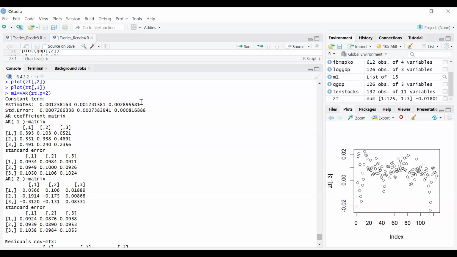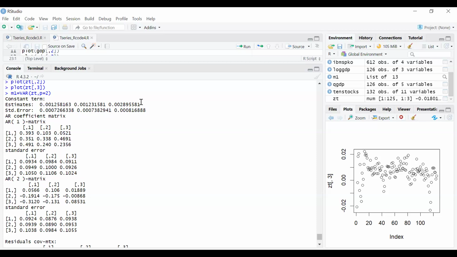Okay. Then we have seen one phi matrix. If you can remember, there was one phi 1,1, phi 1,2, phi 2,1, phi 2,2 matrix. That matrix is given here, this AR1 matrix. Now, since there are 3 variables, you will definitely have phi 1,3. Similarly, you have phi 2,1, phi 2,2, phi 2,3, then phi 3,1, phi 3,2, phi 3,3.